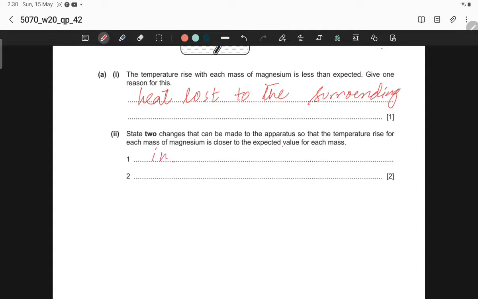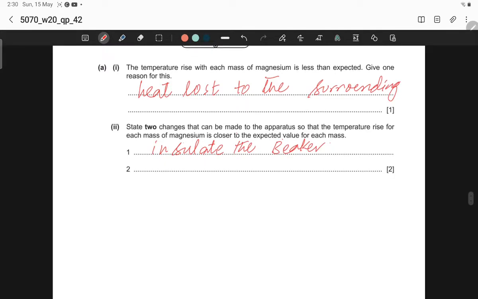Insulate the beaker. Second, use polystyrene. A polystyrene cup can be used, or use a lid on the beaker.